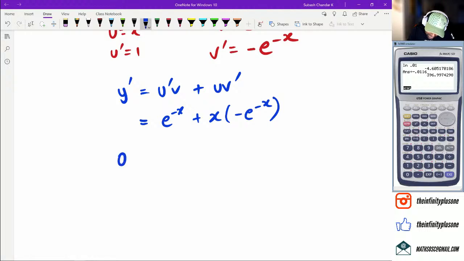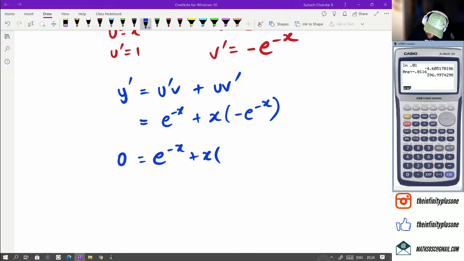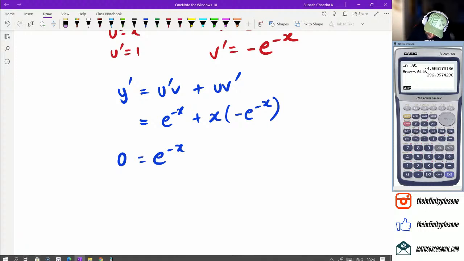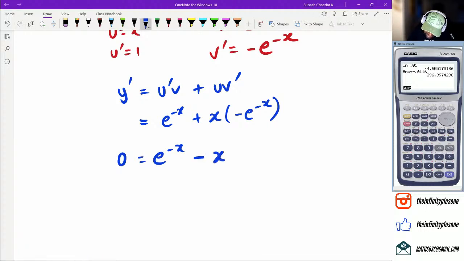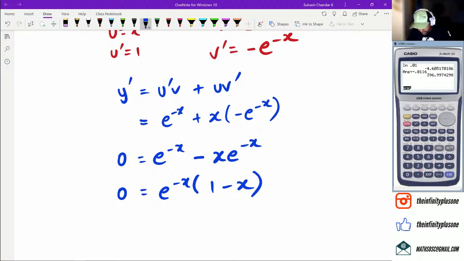So what we've got is we're going to put them as 0 equals e to the negative x plus x times negative e to the negative x, so we write this as x e to the negative x. At this point, I'm going to put down e to the negative x as a common factor, and I'm going to get 1 minus x.